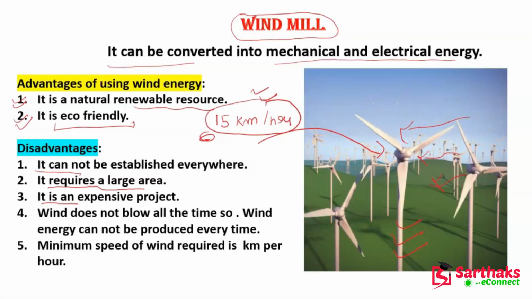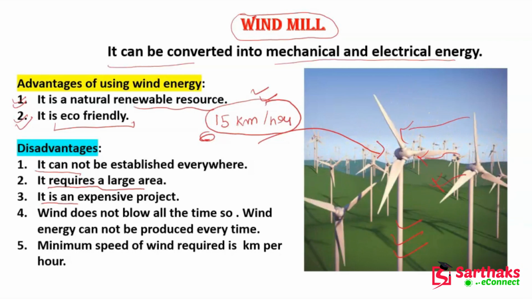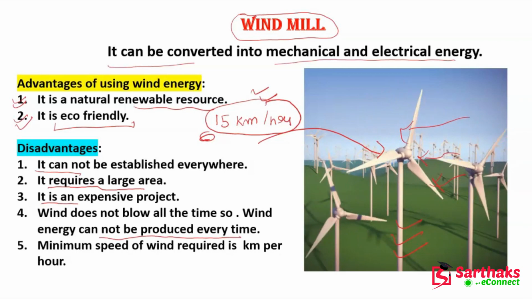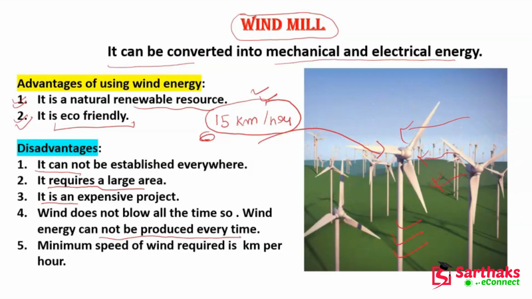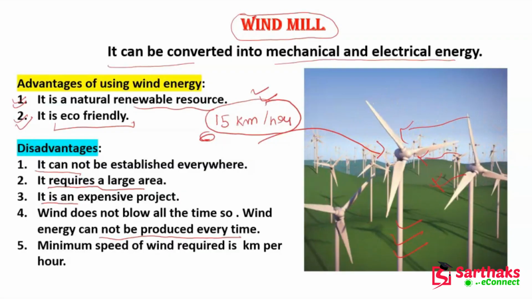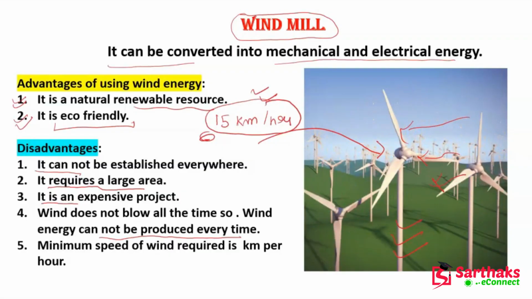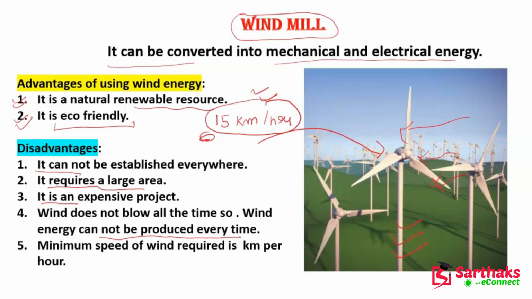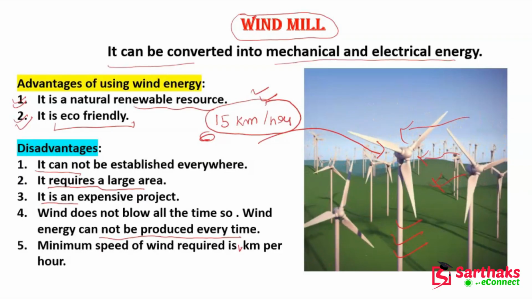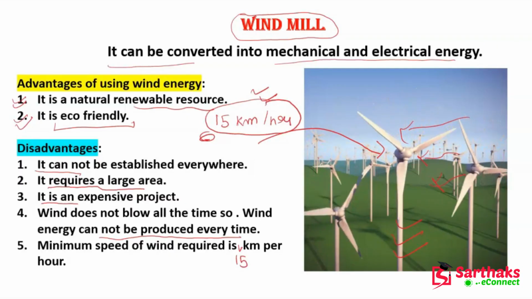So wind energy cannot be produced every time. So this is also another disadvantage of windmill. I hope guys this point is clear to you. Now the minimum speed of wind required, I told you, okay, let me write it here, 15 kilometer per hour.